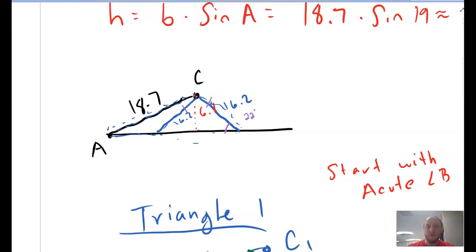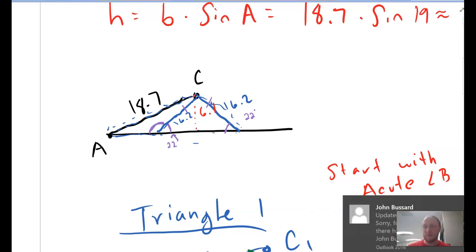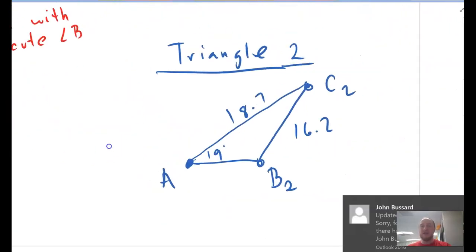It's an isosceles triangle, and that means that these angles are the same. So that's 22 degrees right here. Okay, so if this is 22 degrees, can't I go ahead and calculate this angle by taking 22 and taking that away from 180? I can, right? And that is this angle right here too.